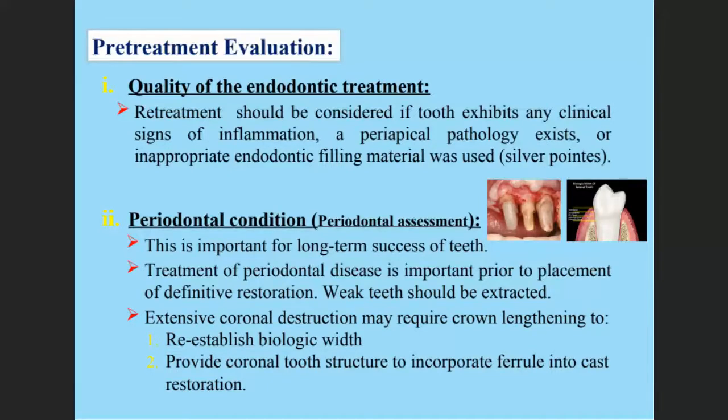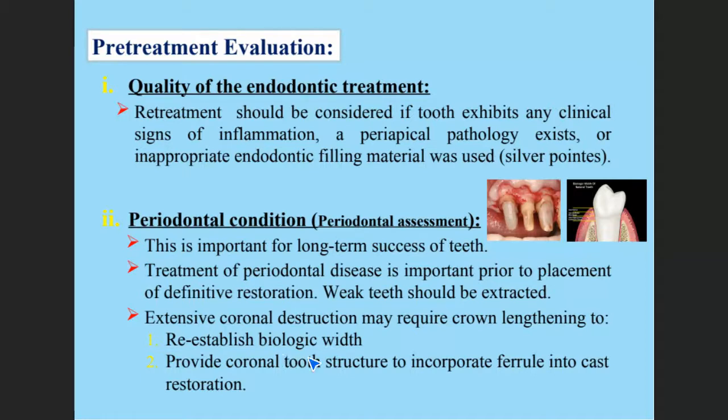Sometimes a weak tooth must be extracted, and also in cases of extensive loss of coronal tooth structure, you may require crown lengthening to re-establish the biological width or provide coronal tooth structure to incorporate the ferrule into the cast restorations. The ferrule, I will explain it later.